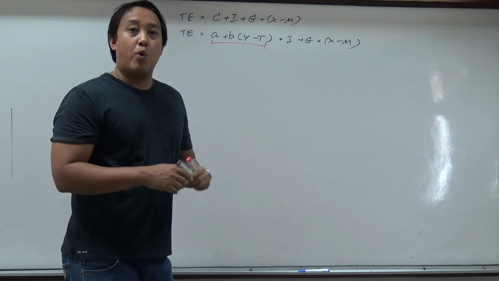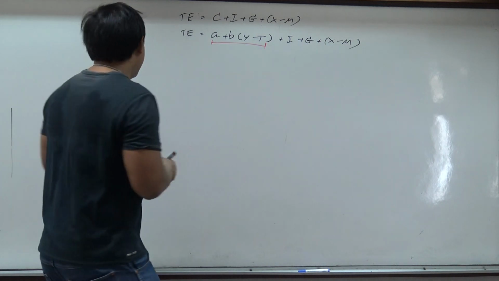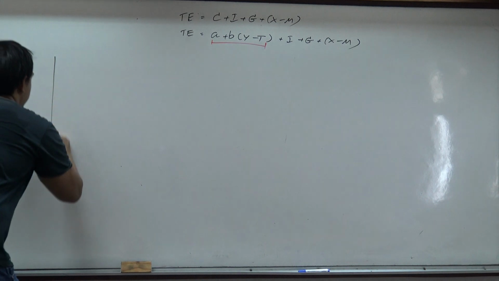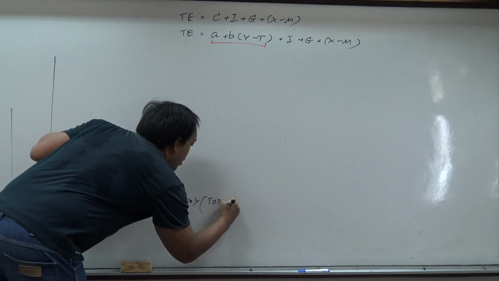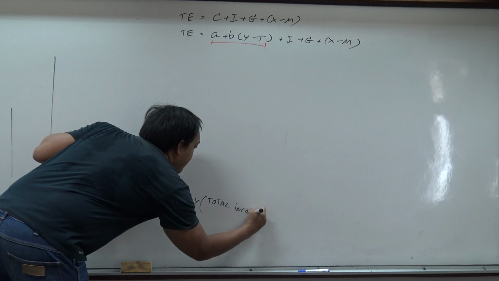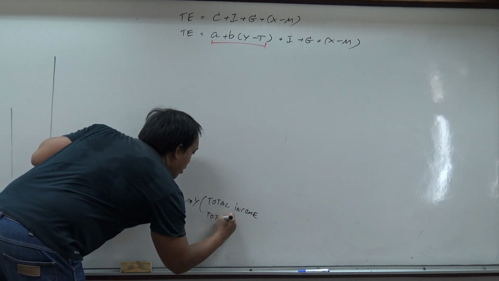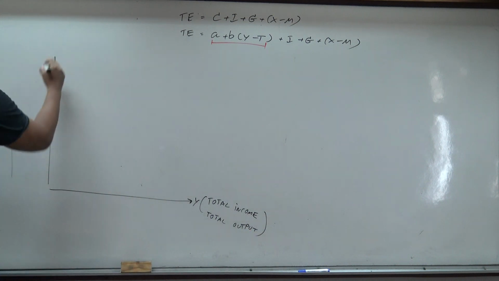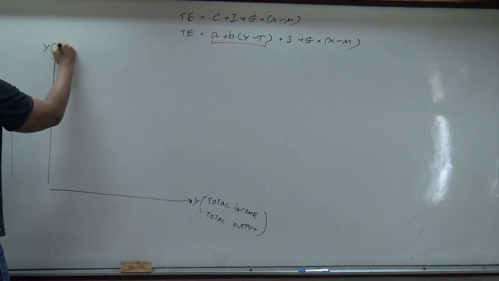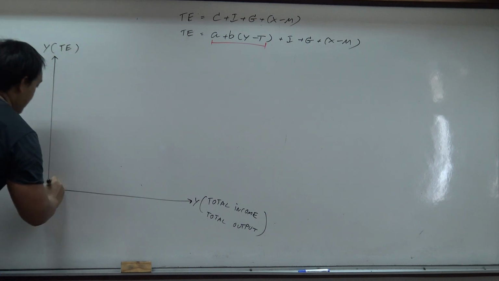When we draw the graph, I'll show you here. This is Y as total income, total output. This is Y as total expenditure.